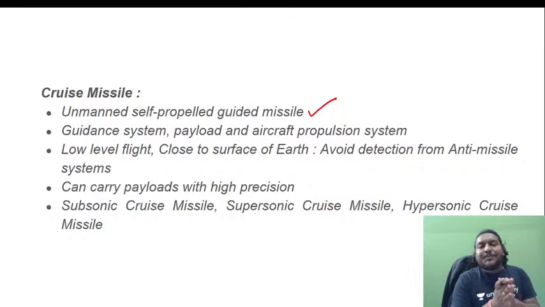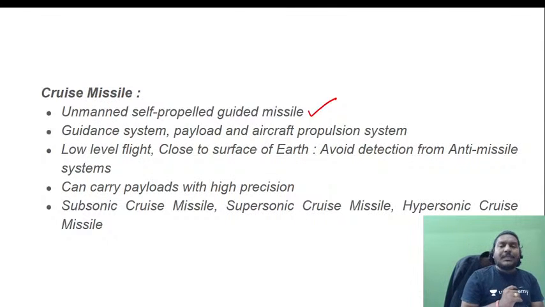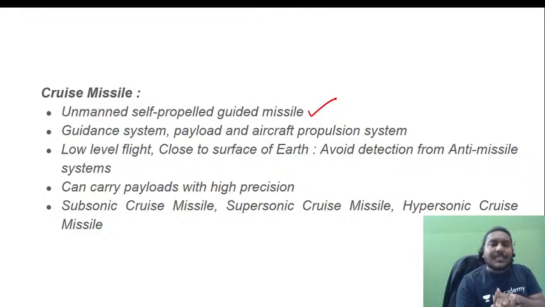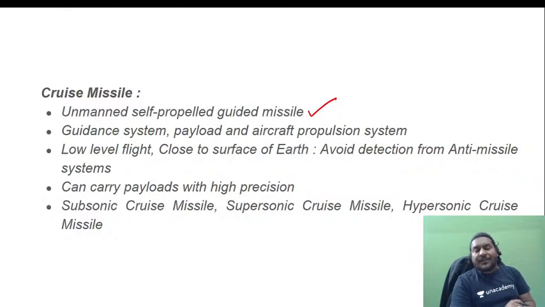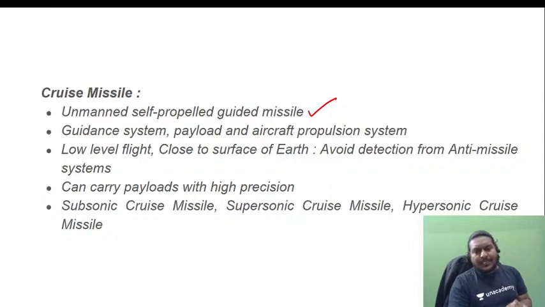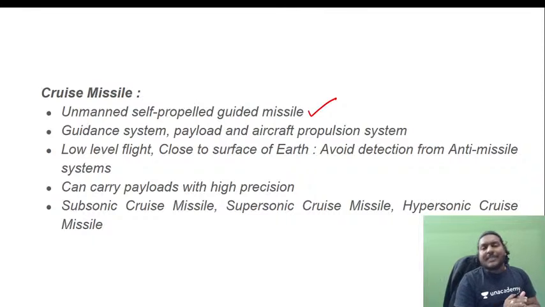It would have a better aircraft propulsion system, and it won't go outside the atmosphere, rather it would stay in the atmosphere. And the most important thing is that it would be very close to the surface of earth. The major purpose of being close to the surface of earth is that it doesn't want to be detected by the radar. That is a major reason why the cruise missiles are really tough to detect.